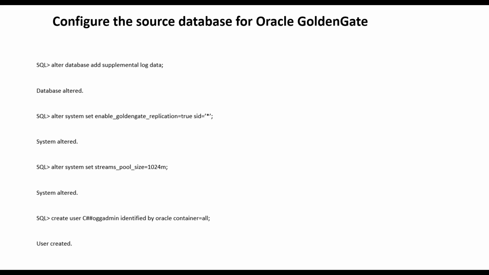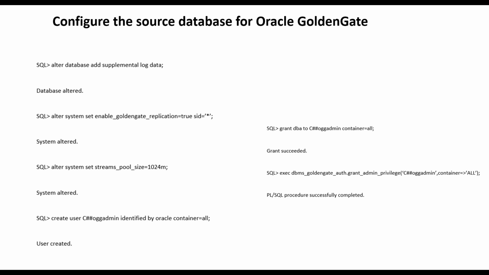So we create a user for GoldenGate, that's the common user shown here, and we grant the common user some privileges required for GoldenGate as well. That's pretty much all we have to do on the source.